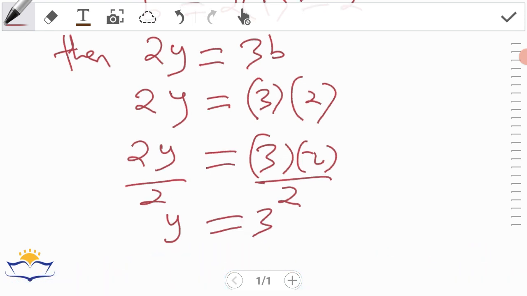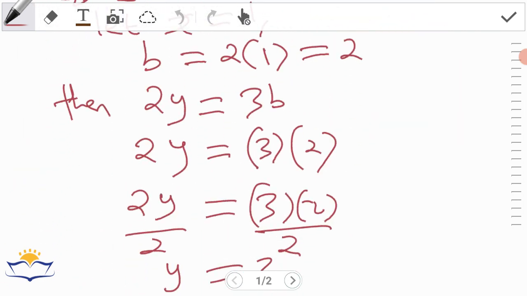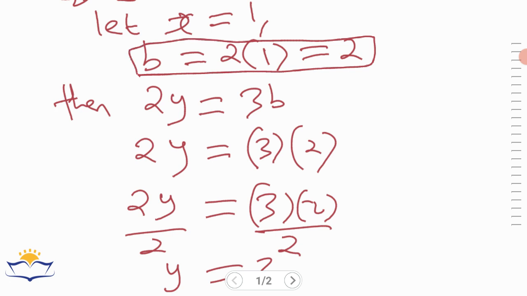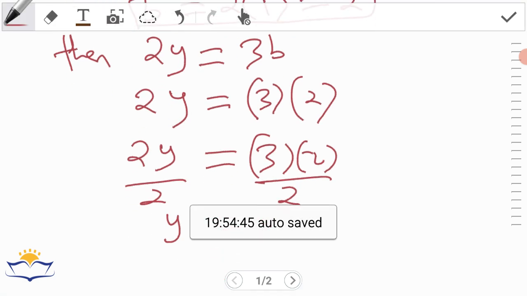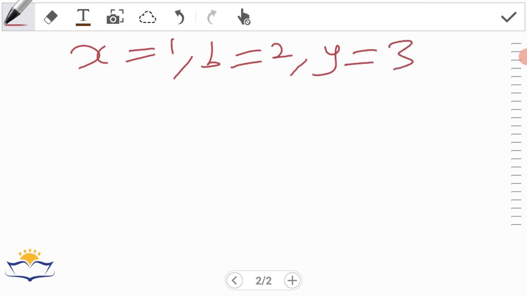In the end, titabanga deduce, we have managed to find Y, B is 2, and Y is 3. And X is 1. So X equals 1, B equals 2, Y equals 3.